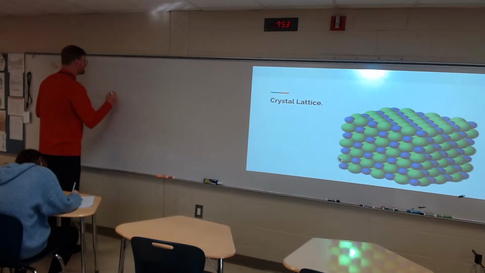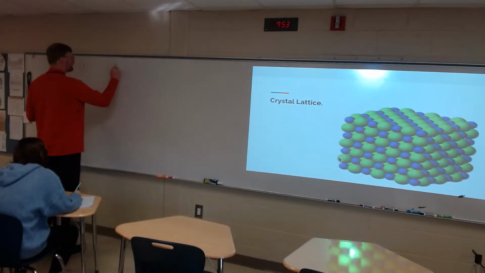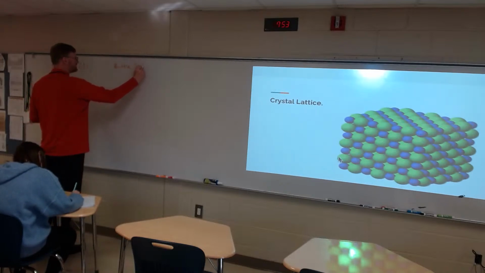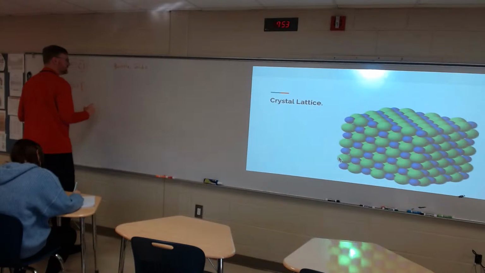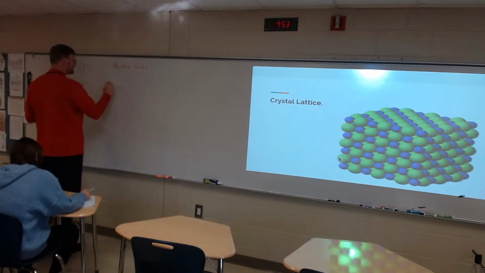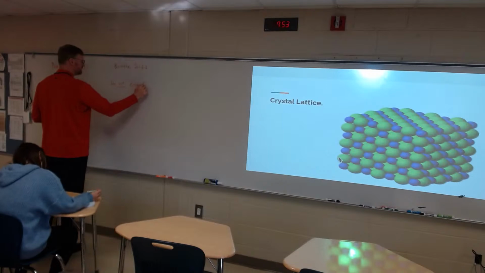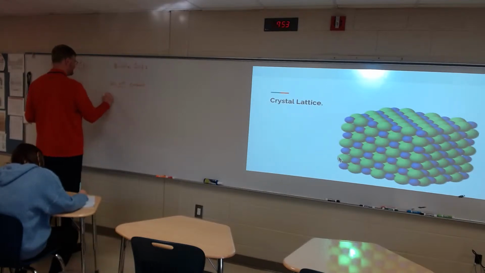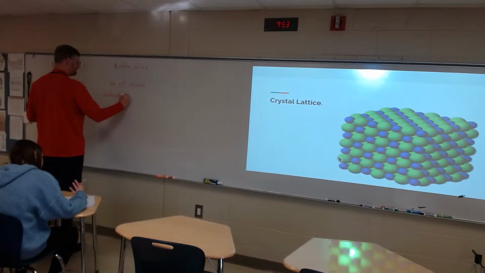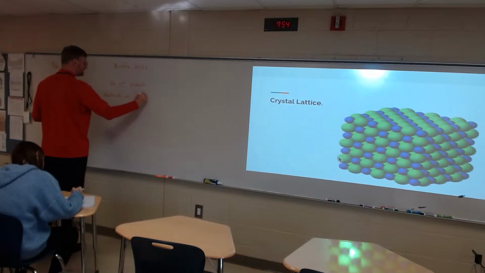Properties of ionic compounds first is that they are brittle solids. We're going to compare this to metallic solids in just a minute. They're brittle solids. They do not conduct electricity as a solid.